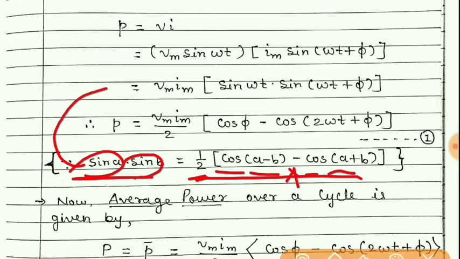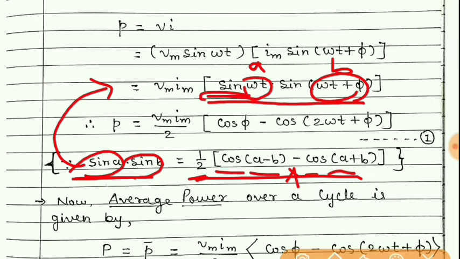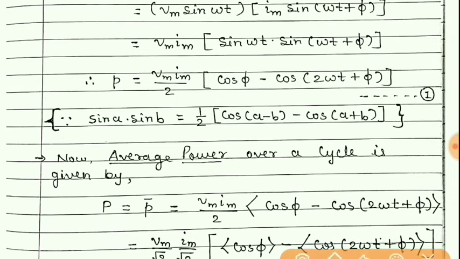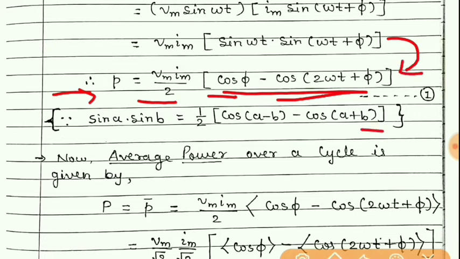You can see here in this equation, this term is like A and this is like B. So it is sin A into sin B. So applying this relation of trigonometry, here we will get instantaneous power P is equal to Vm Im upon 2 into [cos phi minus cos(2 omega t plus phi)]. So students, you need to do some paperwork for this. So apply this formula.